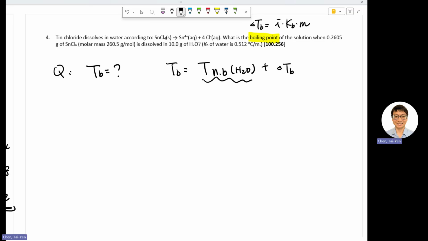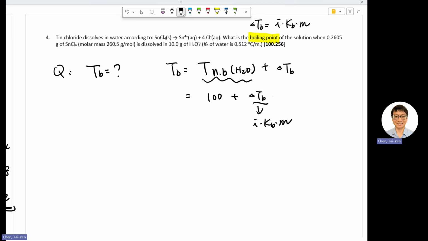And the normal boiling point of your water is what? 100. That means the final Tb will be 100 plus your delta Tb. And then you want to calculate your delta Tb using i times Kb times m.